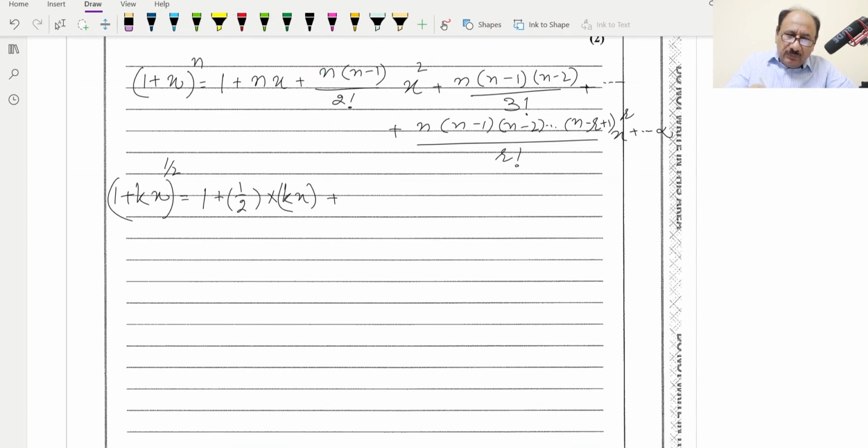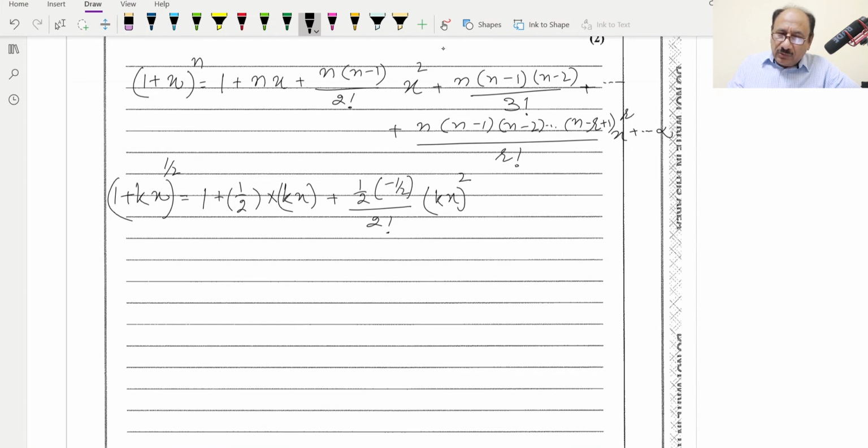This will be n, which is 1 by 2, into 1 by 2 minus 1, which is minus 1 by 2, divided by 2 factorial, into kx squared.